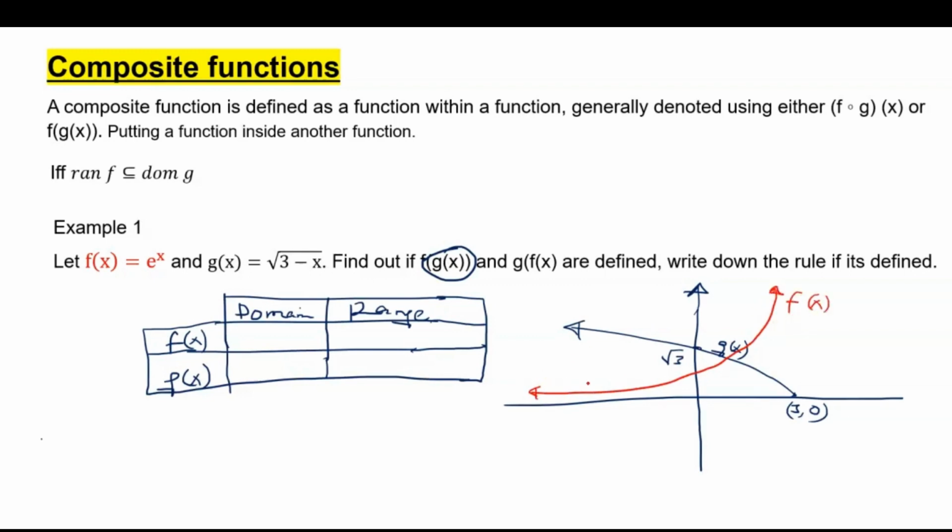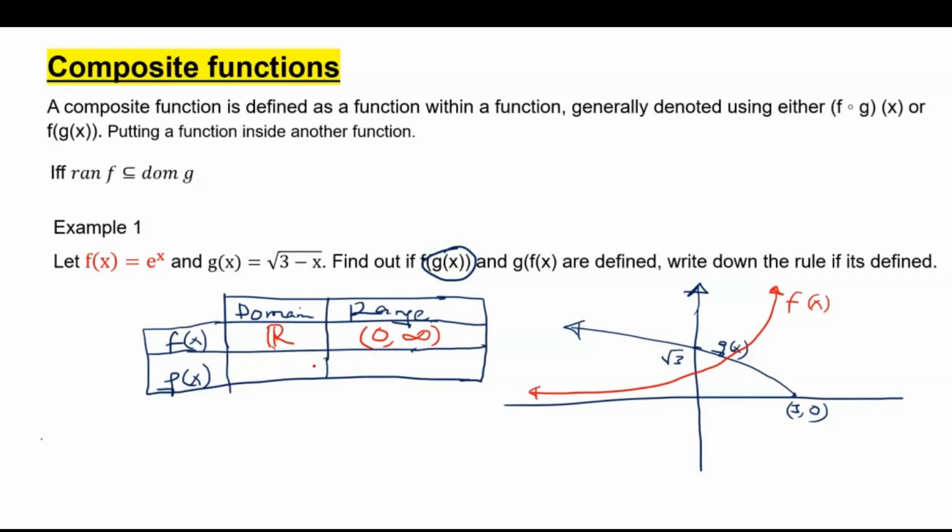And my domain for f of x is going to be all real values. And my range will be, and that's my range.